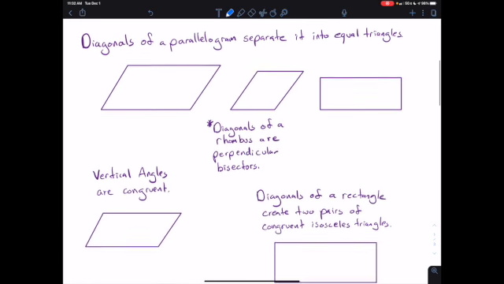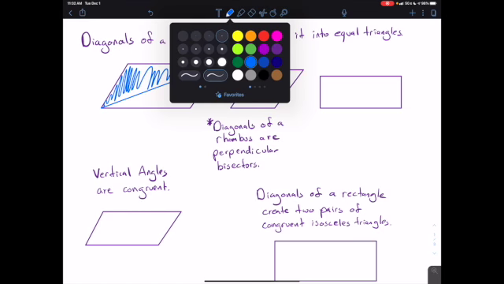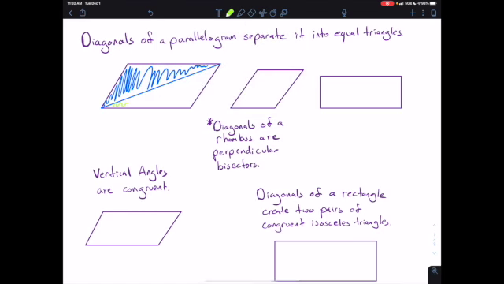All right, diagonals of a parallelogram separate it into equal triangles. This is kind of cool. If we take a diagonal here, we can see that this triangle is the same as this triangle. They're the same triangles.